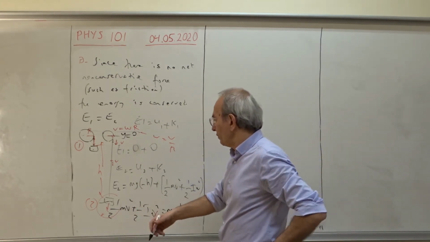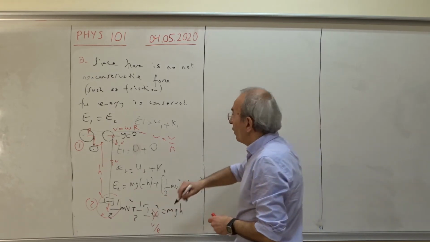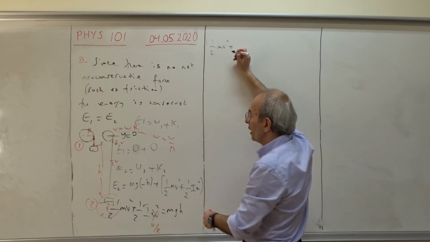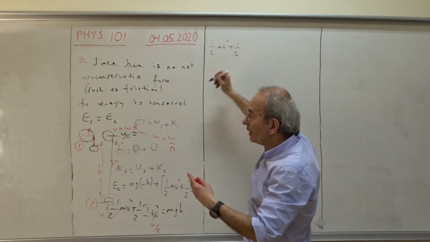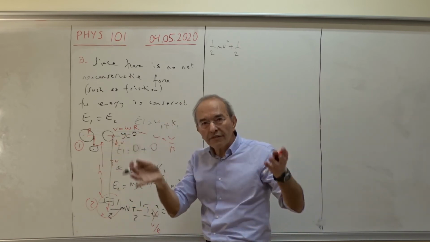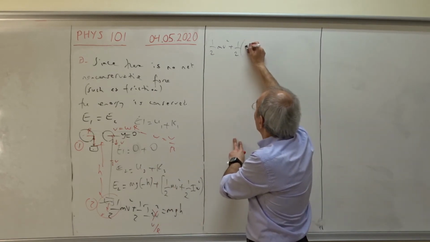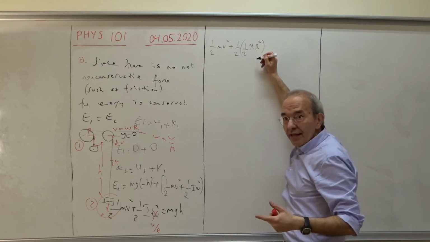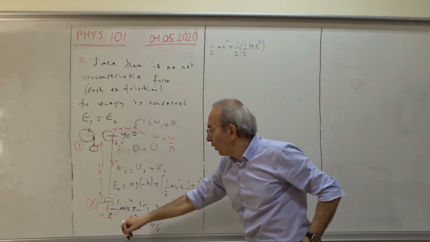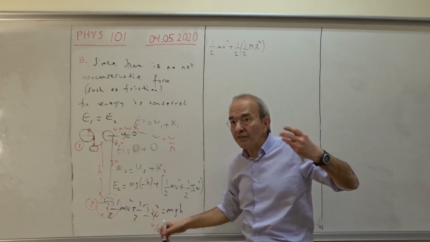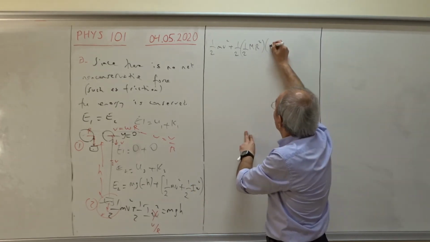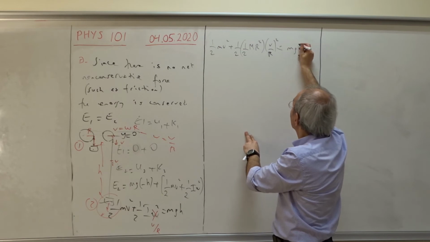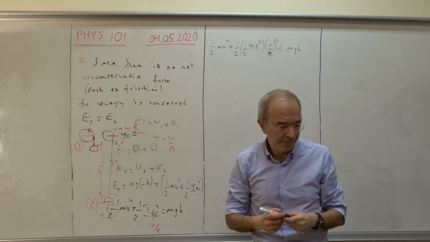Then we have a very simple equation: 1/2 little m v squared plus 1/2, and then the inertia, which is 1/2 capital M capital R squared, is the I value, and then omega squared. But we don't write omega, we write v over r, so we have v over r squared. On the right we have m times g times h.